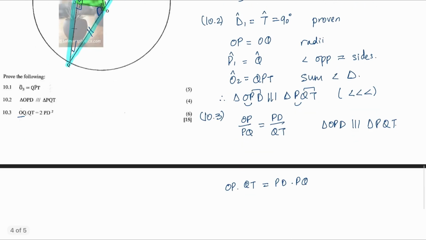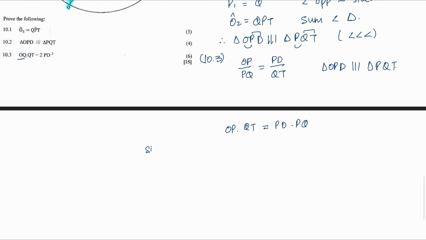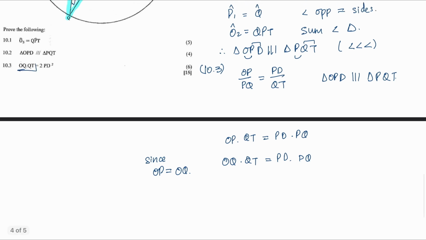So since OP is equal to OQ, I can say OQ times QT is equal to PD times PQ. Right? So we've gotten this left hand side done.